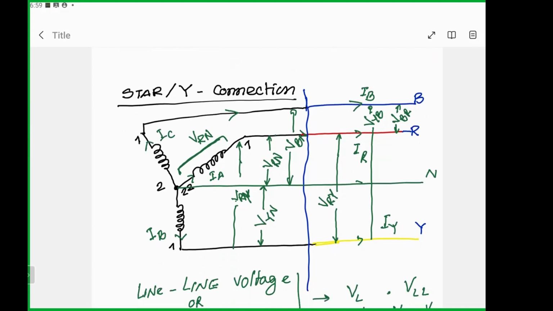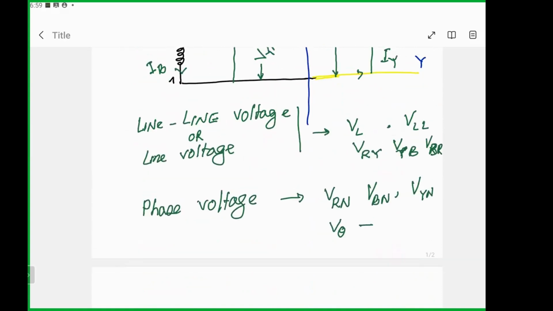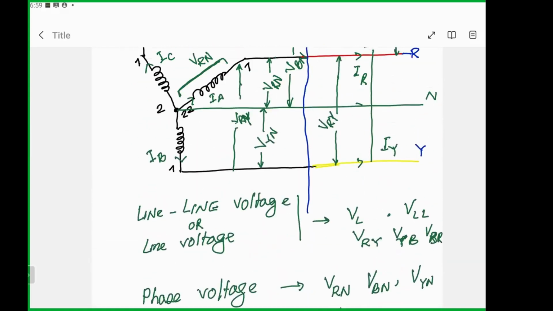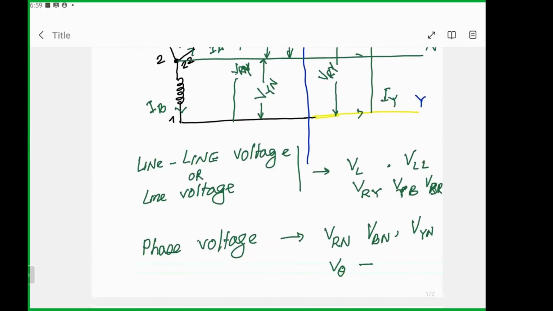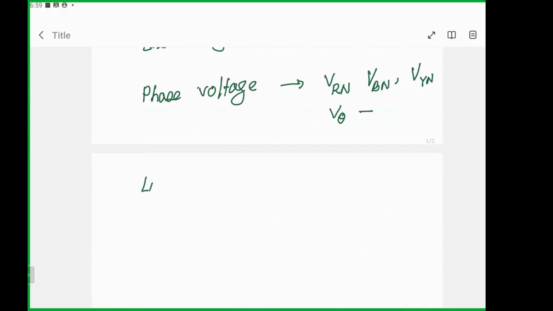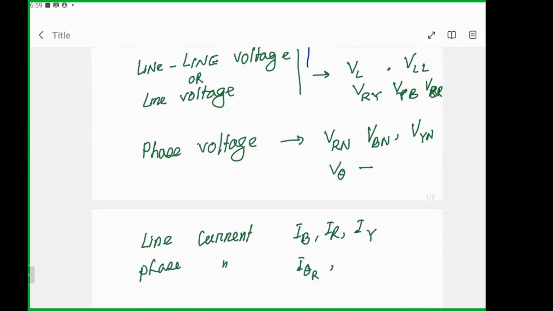So these are the three currents. Similarly to the voltage, there can be line voltage, and for the individual coil, the phase voltage. That means line current IB, IR, IY, and the phase current, that would be I theta, usually related to R or Y. So in this way you can write it down.